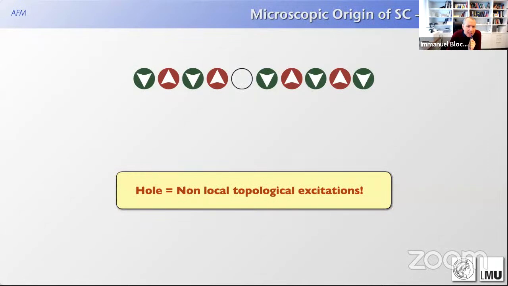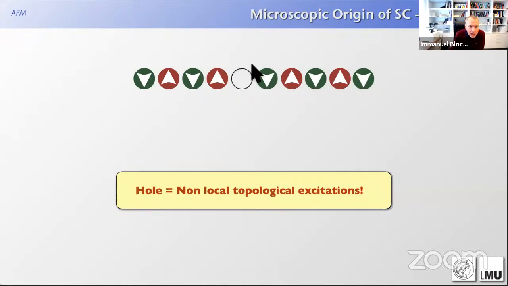To picture that a little better, this is actually quite a remarkable thing, because what this single hole does is to affect not only the vicinity of the hole, but it really affects the entire system. So let me show you what I mean by that. Let's imagine we start out to the left of the hole with an alignment down, up, down, up, down, up, down, up. And then comes a hole. If the hole were not there, I would continue with down, up, down, up, down, up.